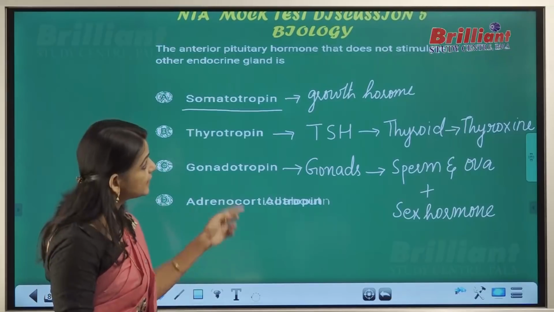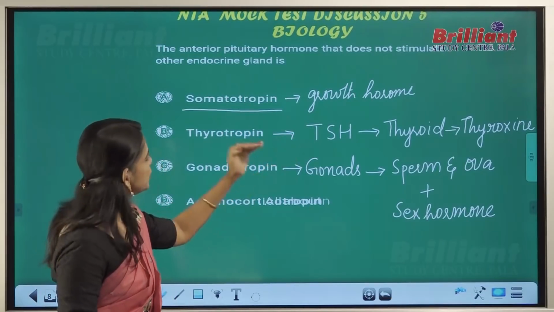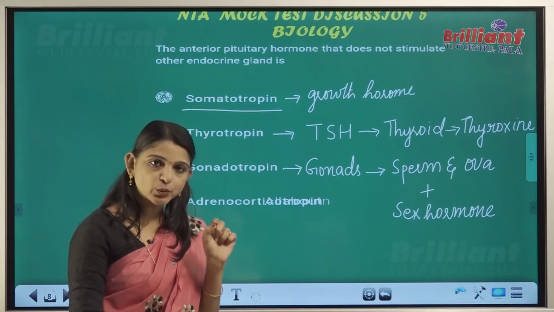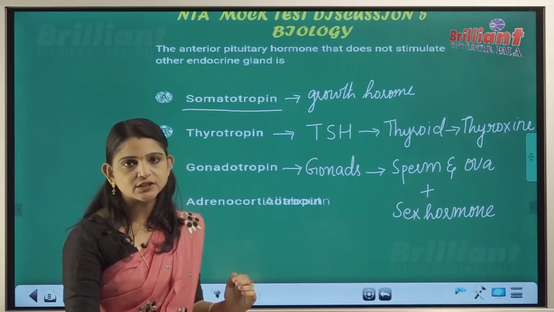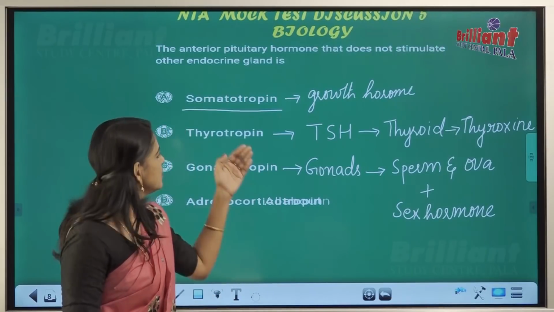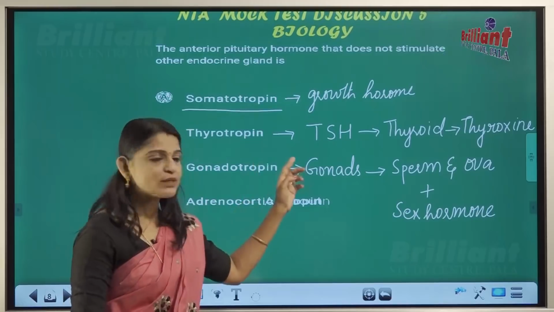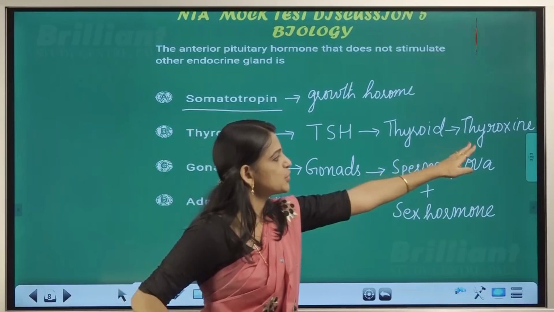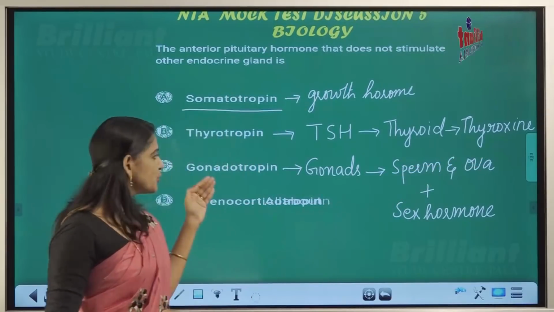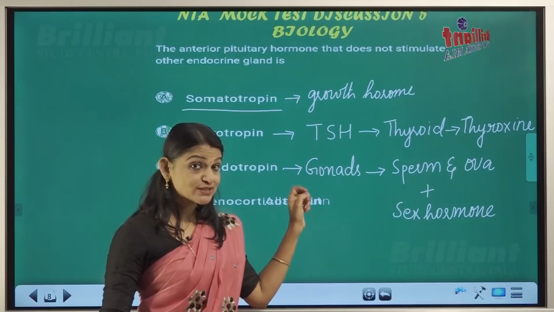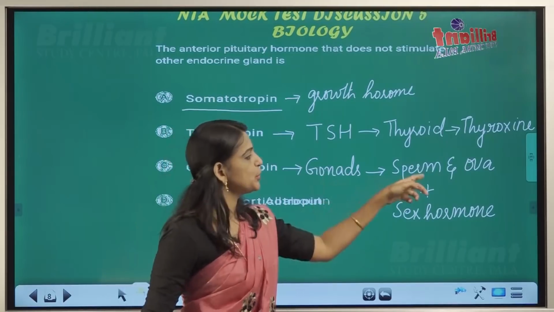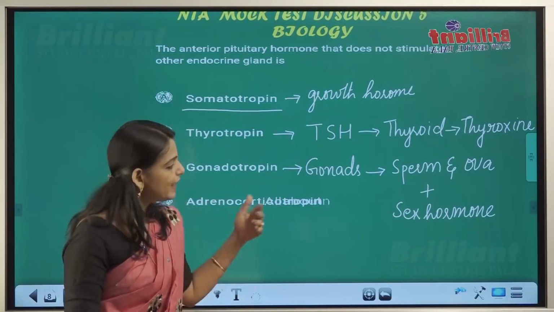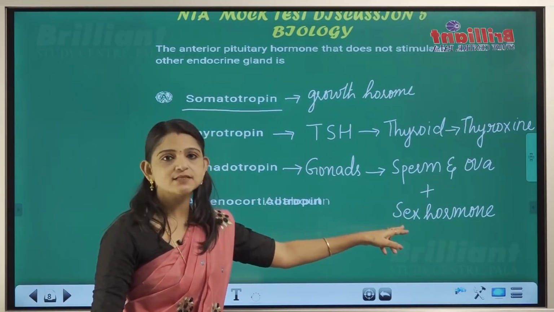So in the question they are asking which does not stimulate. Here you can see that somatotropin does not stimulate any other endocrine gland as it has direct effect on all the tissues. Now thyrotropin stimulates the thyroid gland for the production of thyroxine. Next one, gonadotropin, which stimulates gonads to produce ovum and sperm, and also it is responsible for increasing the production of sex hormones.